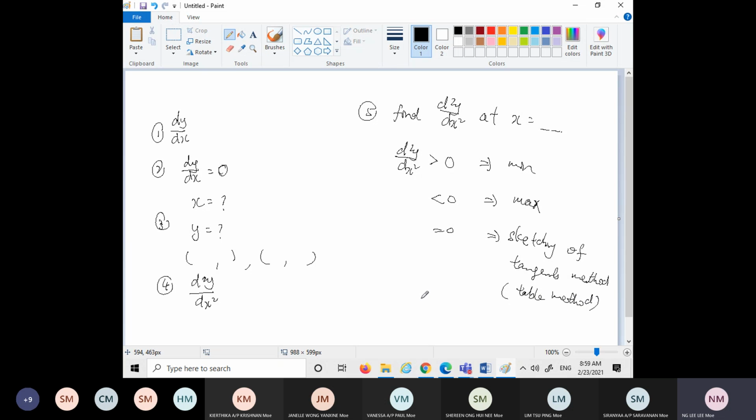With the table method you have to show that around the stationary point there is no change of the sign of dy/dx. Then only can you conclude this is a point of inflection. I think it is clear. So you follow these steps.